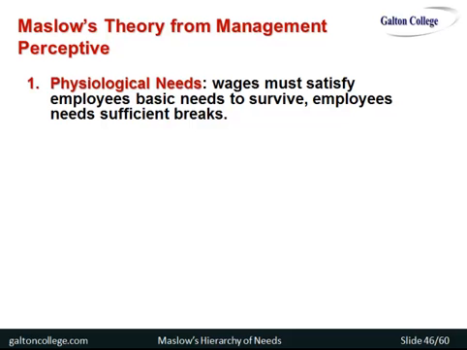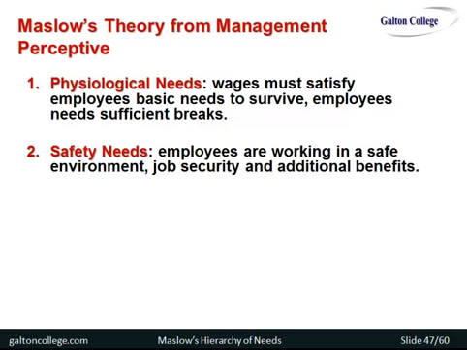They must enable them to survive, to live, to pay for accommodation and food and shelter and clothing and so on. But it must also enable them to function in terms of their own physiological requirements. They must have breaks from the work. They must have an opportunity to have a drink and to rest and to regain their strength, as I said.